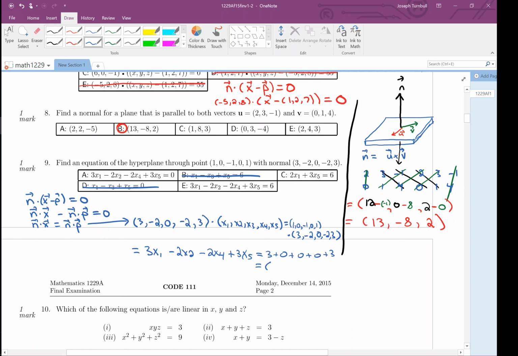So equals 6. So 3x1 minus 2x2 minus 2x4 plus 3x5 is equal to 6, option E.